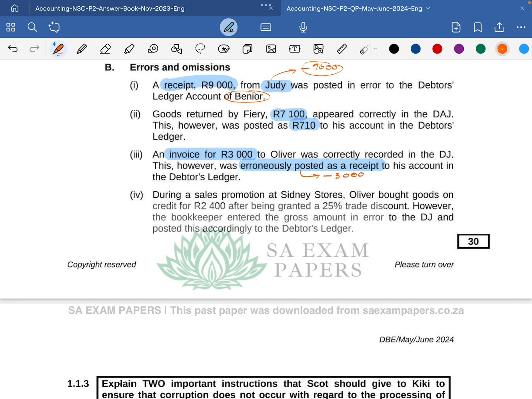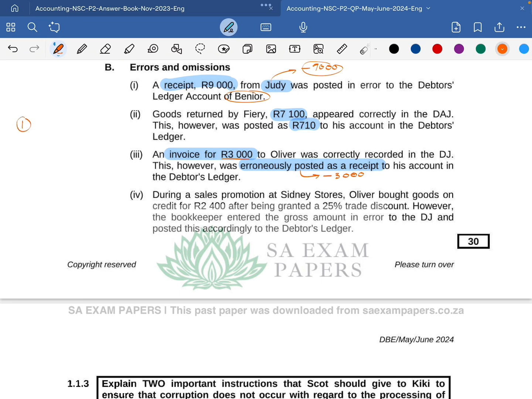Remember that when a debtor pays us, we are going to decrease the debtor's ledger and the debtor's journal because this person doesn't owe us anymore. But now, in this case, this was an invoice for 3,000, so we are supposed to increase what this person is owing us, right?